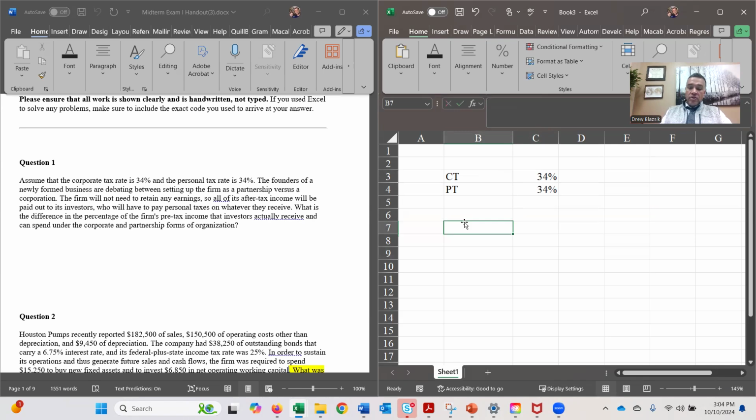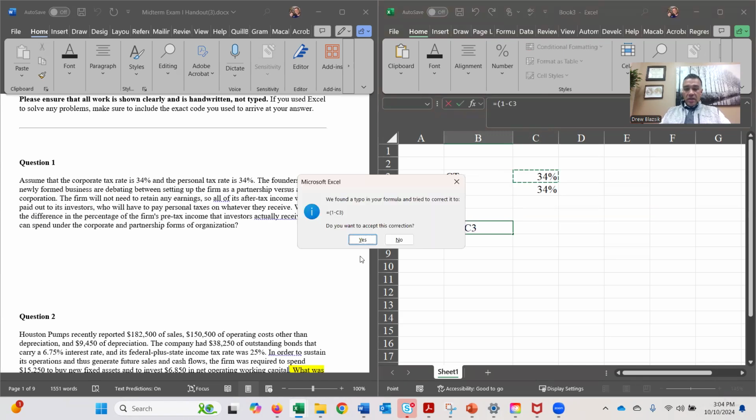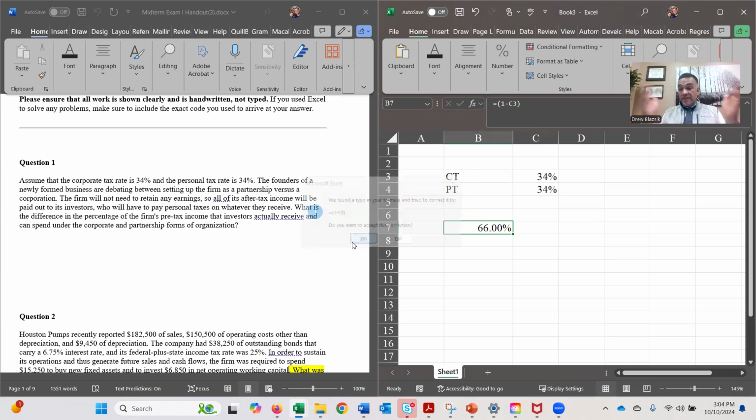However, if you want to know how much we are keeping, that would be one minus the tax. We are keeping 66% of it. That's our operating income, our profits afterwards. So the answer to the question is a 34% tax rate, and 66% is what we're keeping. If you want to know the double taxation, how much are they keeping?